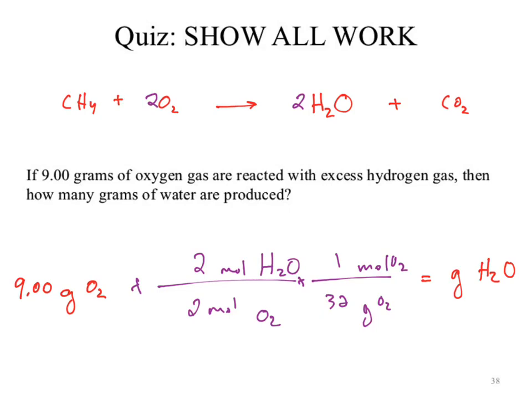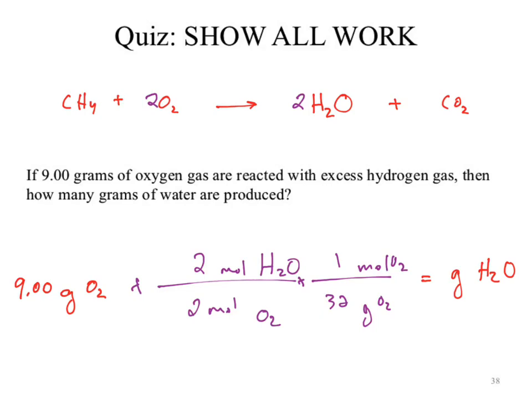No. Why? Because the question specifies there's excess hydrogen. Where in my equation does it say anything about hydrogen? It doesn't. Because the equation I'm looking at that relates oxygen and water is not the equation being asked about. We have to use the equation that's being asked about because that's the one that dictates the relationship between those substances.